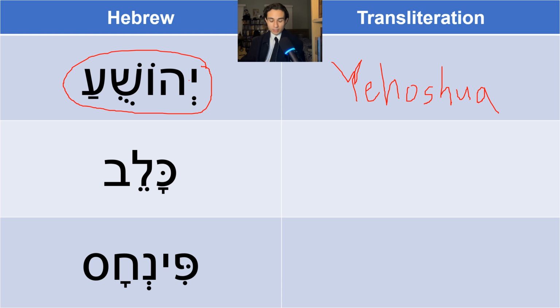Then we know these letters, Shin, Vav, Ayin, to be the root of the word for salvation. But I just want to mention the shorter version, of course, is just Yud, Shin, Vav, Ayin, Yeshua, as has been transliterated as Jesus.